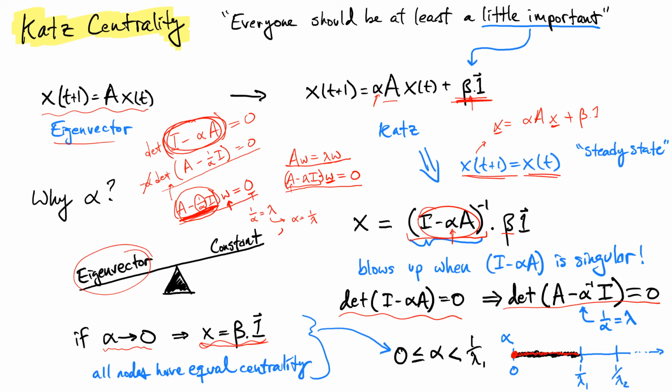So picking alpha equal to 1 over lambda 1 is the first value of alpha that makes this quantity singular. And so this is then our interval of alpha values that yield reasonable and interpretable, meaningful centrality values for Katz centrality. And so that's our argument to say why alpha has to be within this interval.